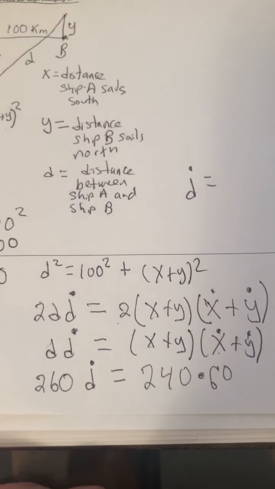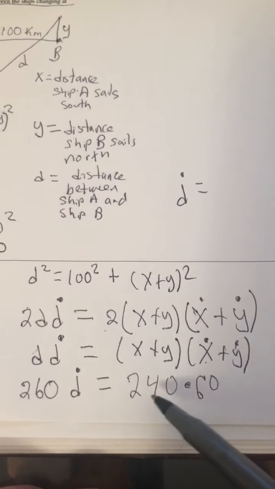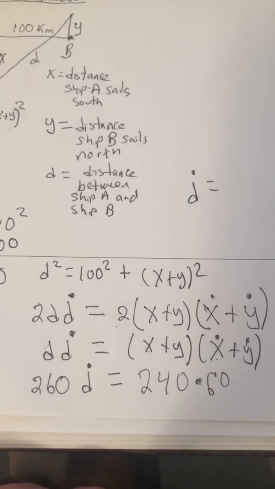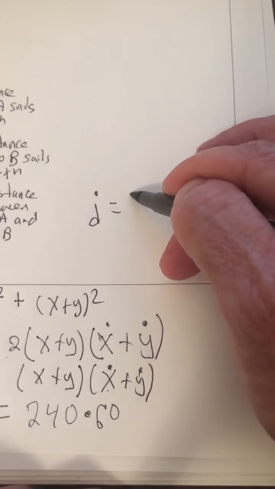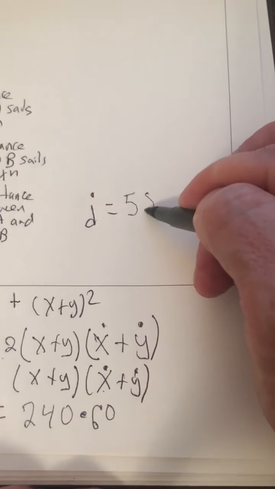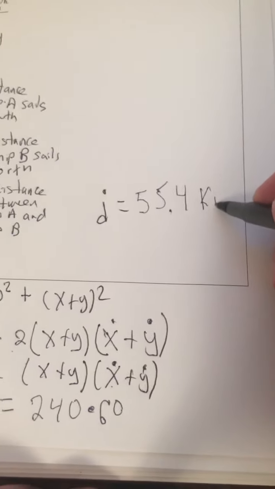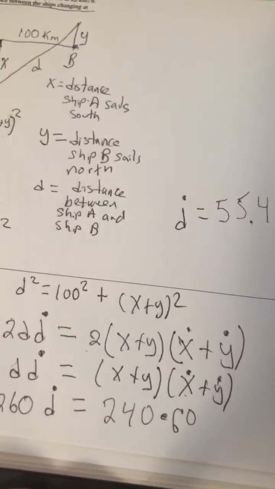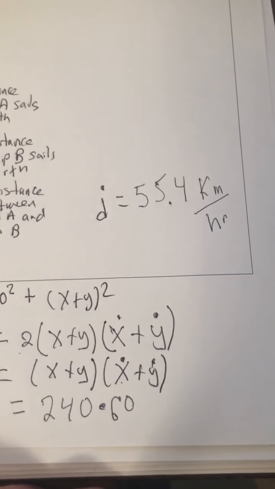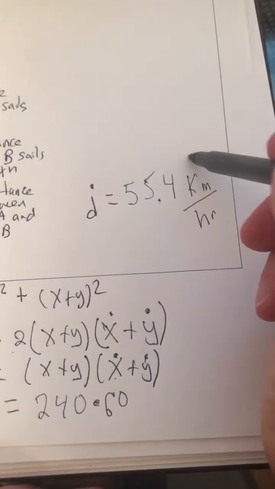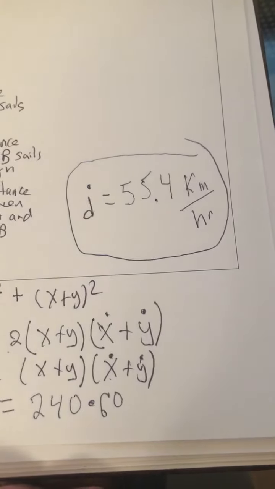So we have 60 times 240. Divide that answer by 260. And we get d dot is about 55.4, and this would have to be in kilometers per hour. So what we're asked for is how fast the distance between the ships is changing. Well, the distance is increasing at a rate of 55.4 kilometers per hour.